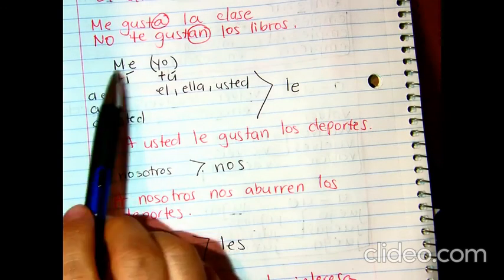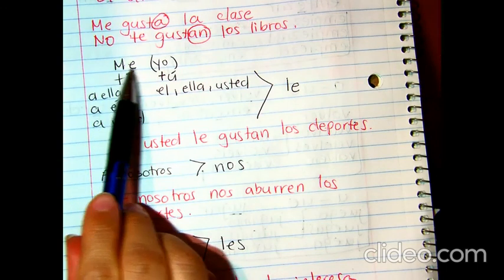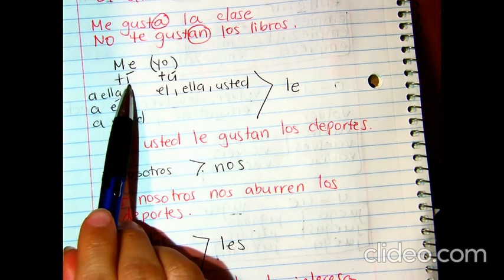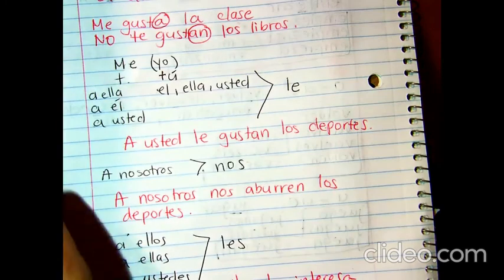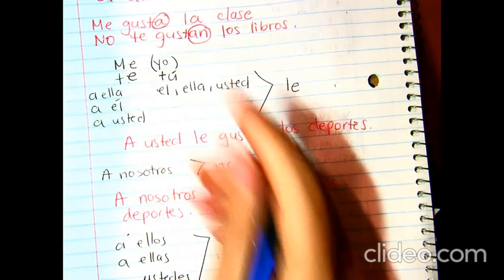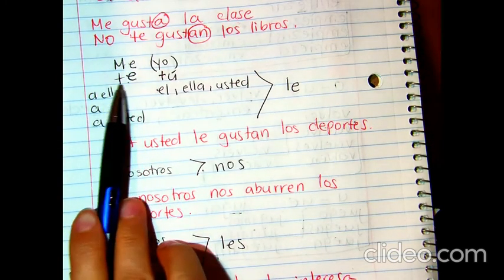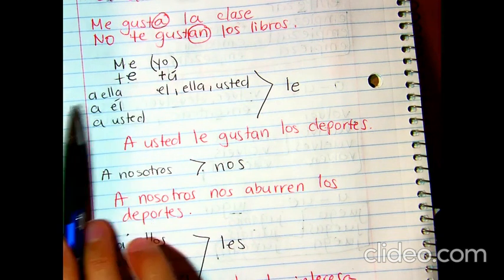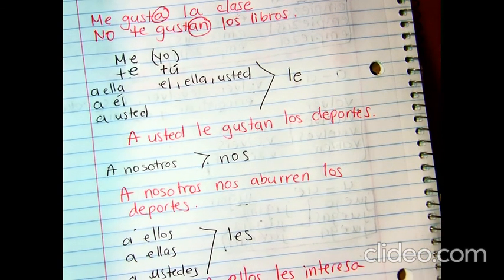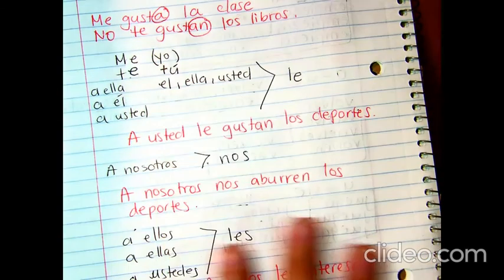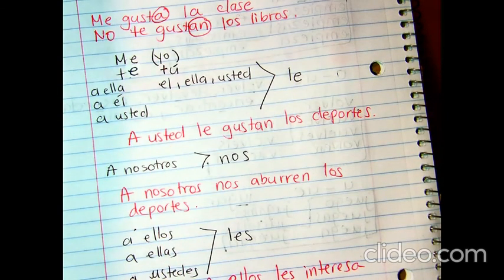You use this, me. I'm so sorry, this is te. Te for tú, a ella, a él, a usted, a nosotros, a nosotras, a vosotros, a ellos, a ellas, ustedes. Okay? When you're expressing this, when you're talking with these verbs. Okay? Bien, chicos.